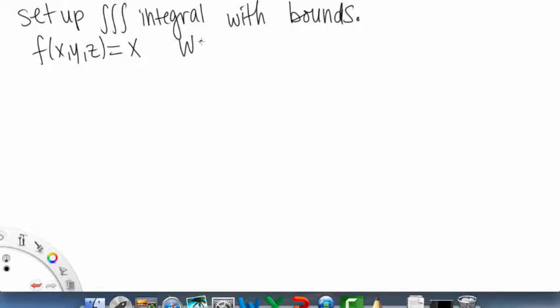And W, the all-important region W, has a top bound, whatever caps it off on top, which is z equals 4 minus x squared minus y squared.